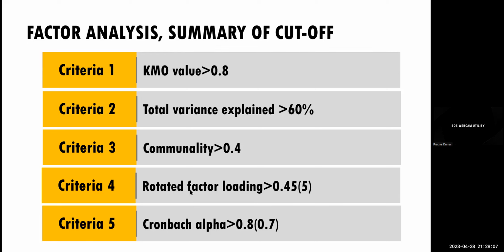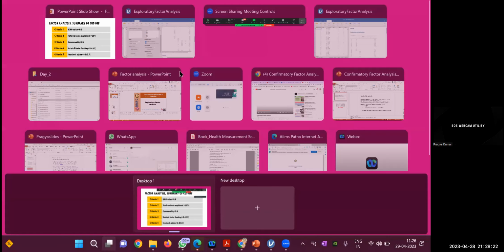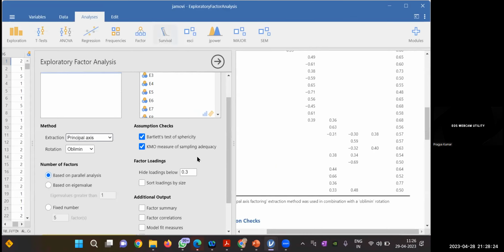Criteria 4. To explain criteria 4 once again. If you see this criteria, rotated factor loading ideally should be more than 0.45. So this is basically the rotated factor loading. I have kept it as 0.3.